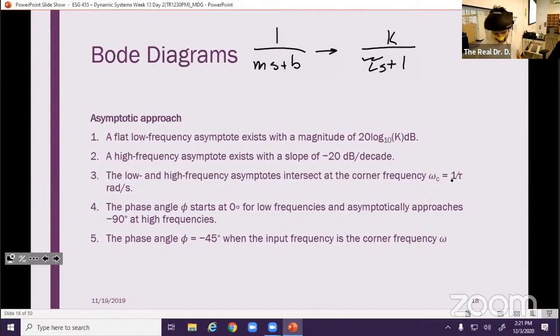Imagine for a moment, if you will, this is my one asymptote, and this is the other one. I know, it's a very technical demo. This point right here that looks like a corner, that happens at the corner frequency.